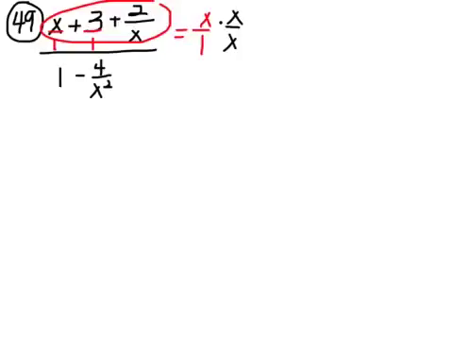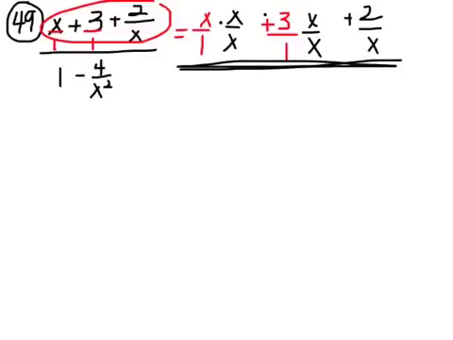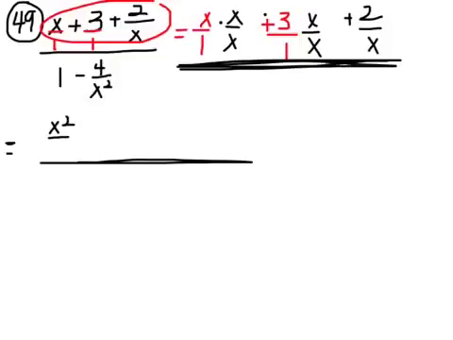I need to take the plus 3 over 1, and I need to multiply it by x over x. And then I've got plus 2 over x. It has the common denominator. All of that's just the numerator. So let's just keep working on the numerator. That would be x squared over x plus 3x over x plus 2 over x.